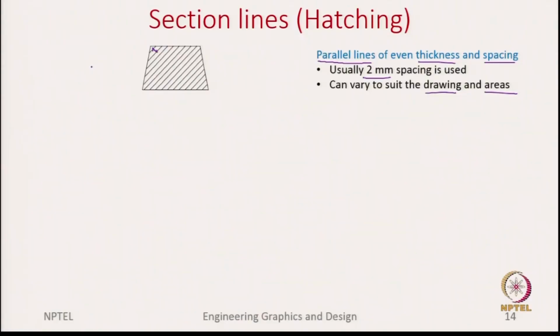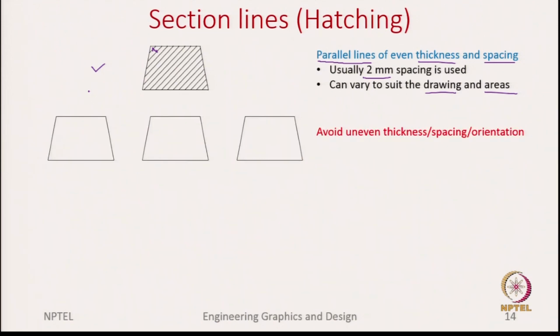So, this is one correct way of showing the drawing. Just to illustrate, I will be showing you some common mistakes people make. First, we need to avoid uneven thickness. Let us say for one I am drawing a very thick line, and the others are thin lines. So, this is wrong. I cannot have one line which is thick and the other lines which are thin.